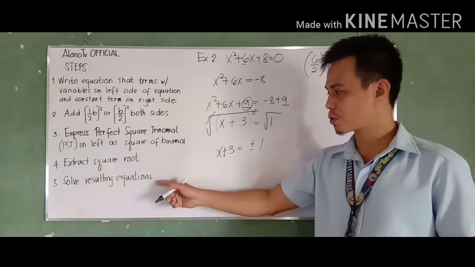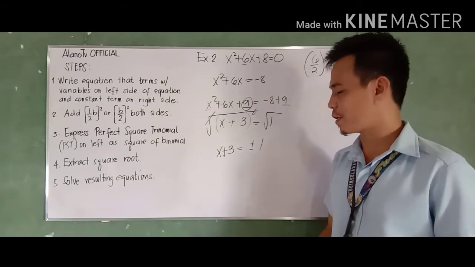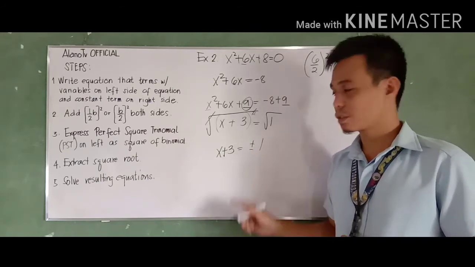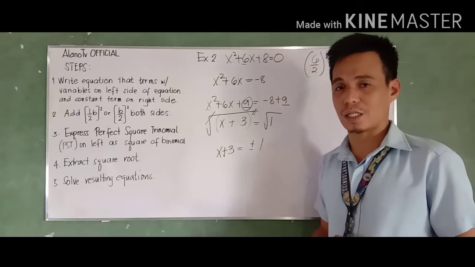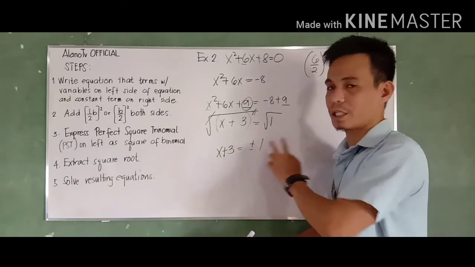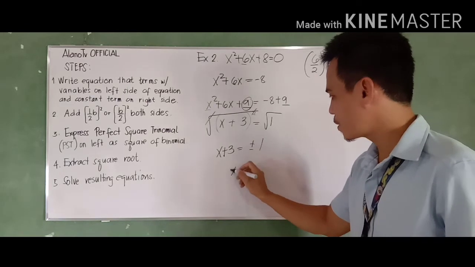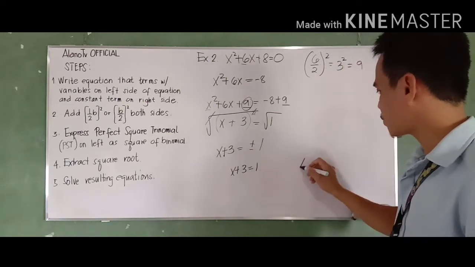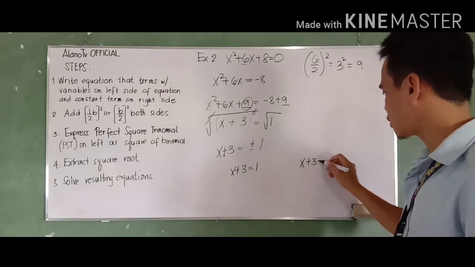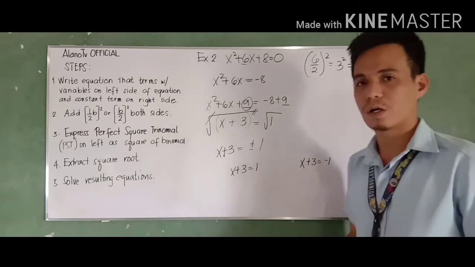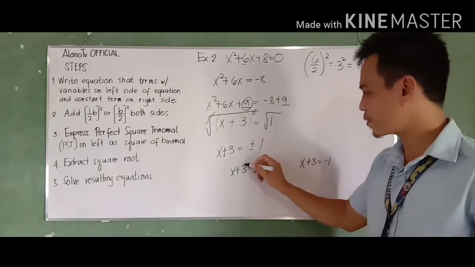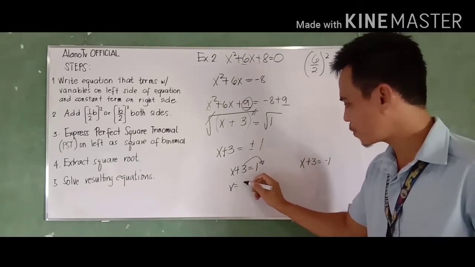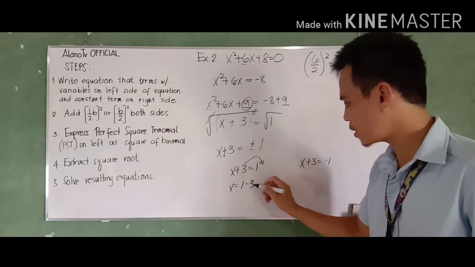And solve the resulting equations for step number 5. How to solve is to separate the positive and negative sign. Let's separate the positive 1 and negative 1. So we have x plus 3 is equal to positive 1, and the other one is x plus 3 is equal to negative 1. Then solving for x, we have x is equal to 1 minus 3.